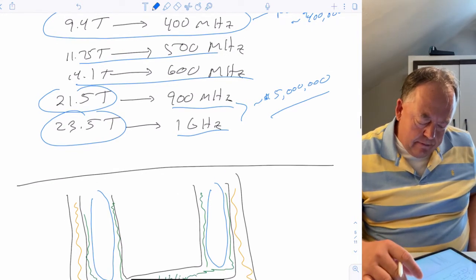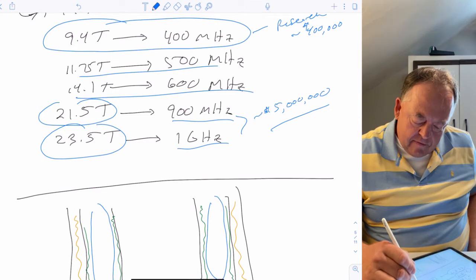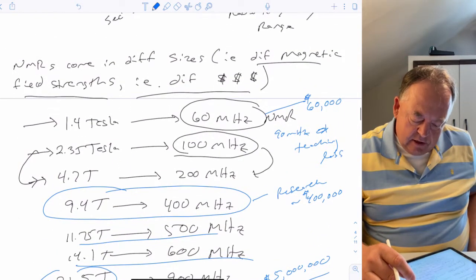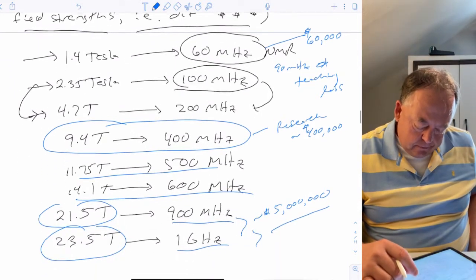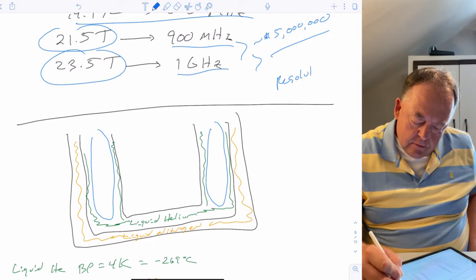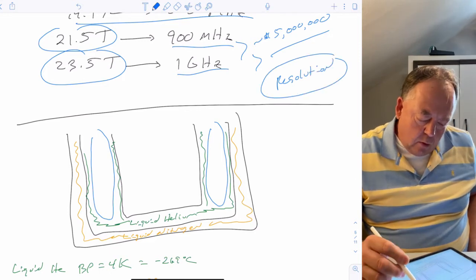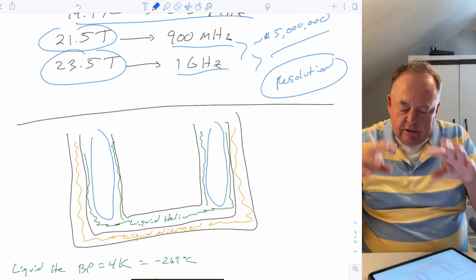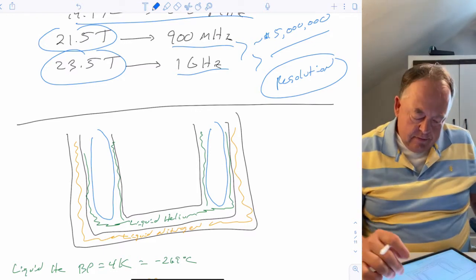We'll talk a little bit later about why somebody would want to spend or need to spend $5 million on an instrument instead of $60,000. One of the reasons is what's called resolution. The more powerful the magnet is, the better it's going to separate the peaks out, and the easier it is going to be to interpret your spectra.